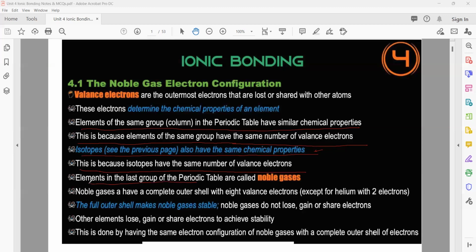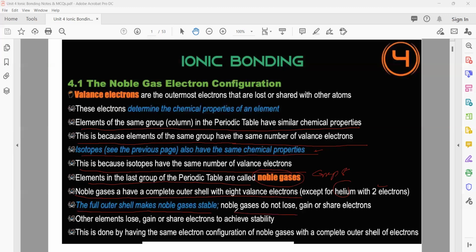Elements in the last group of the periodic table are called noble gases, group number 8, which we just discussed. Noble gases have a complete outer shell with 8 valence electrons, except helium, which has 2. The full outer shell makes noble gases stable.